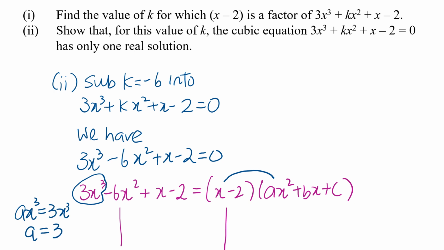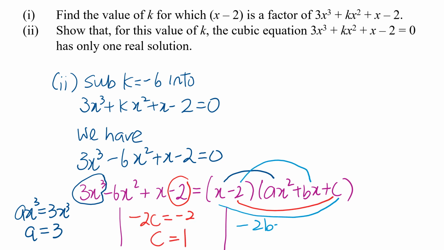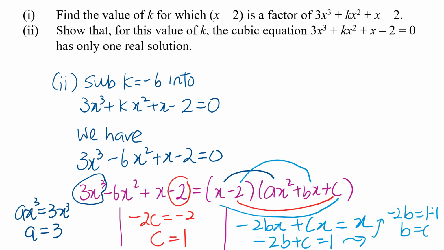The first term, ax cubed equals 3x cubed, so a will be 3. The constant term gives you c equals 1, and finally comparing the x term, I can find b to be equal to 0. Putting all this back into my cubic polynomial, this is what I get.